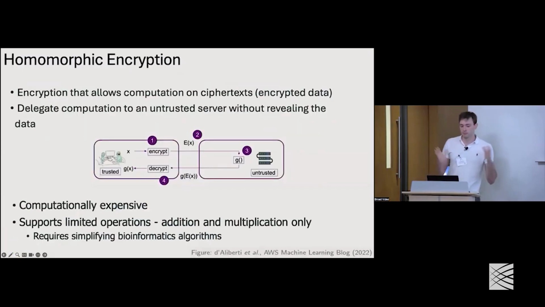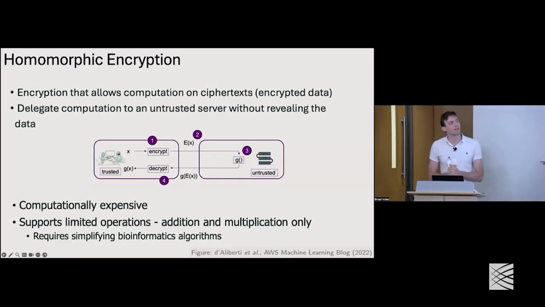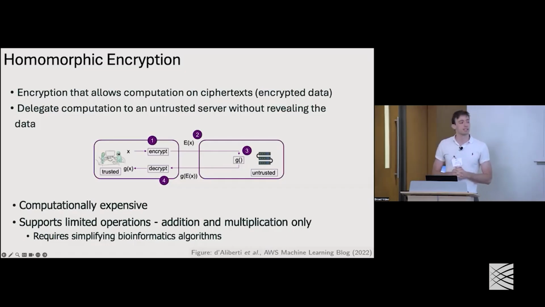So let me take a brief overview of homomorphic encryption, which really highlights what I want to bring home in this talk. With homomorphic encryption, we can delegate computation to an untrusted party. So in our little example, let's say some trusted party has some data, X. They can encrypt this data and send it to an untrusted computing party that can evaluate some function, let's say G. And this function could be something like machine learning inference.